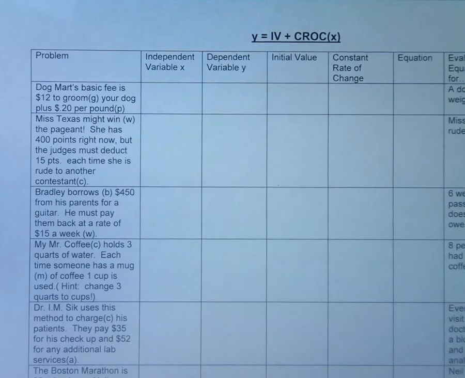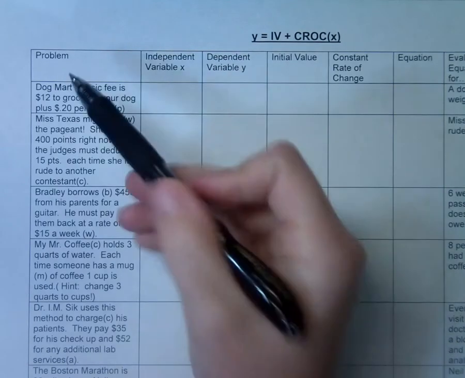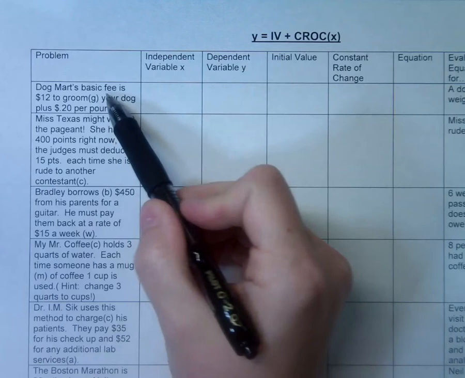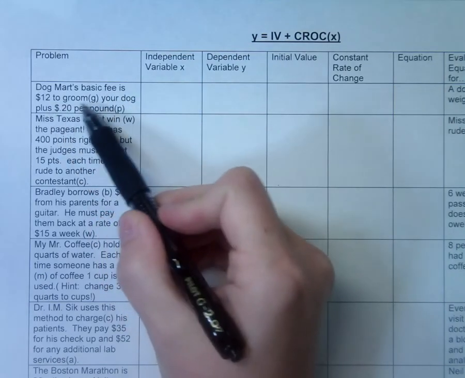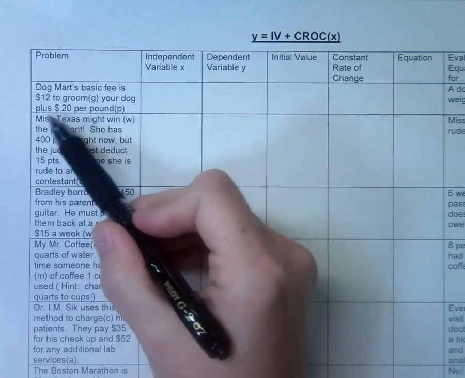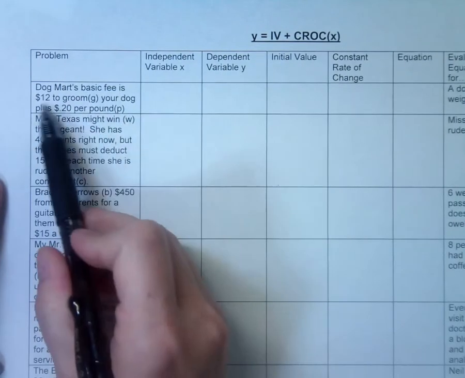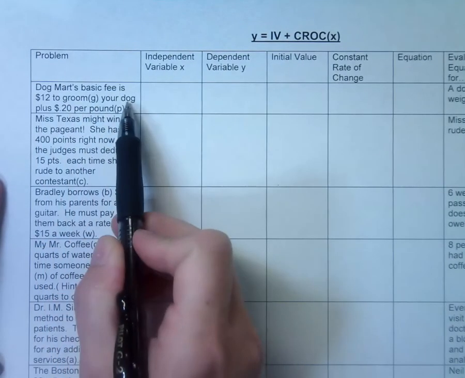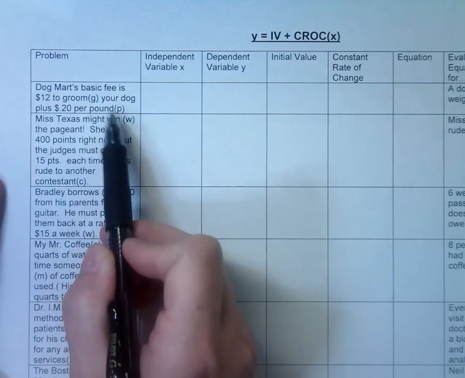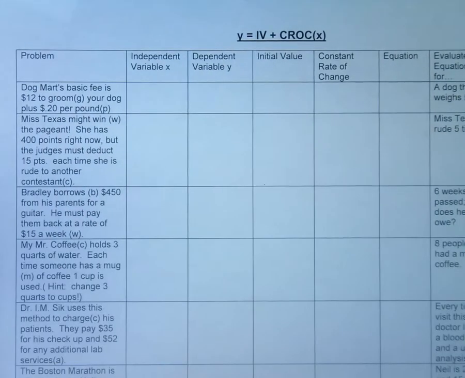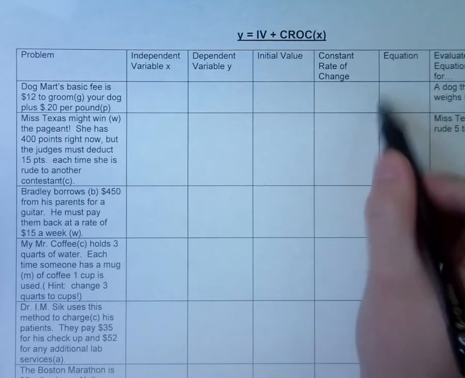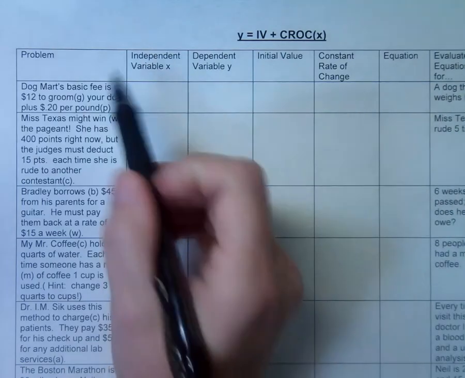Okay, the first problem, we are told that Dog Smart's basic fee is $12 to groom your dog plus 20 cents per pound. The first thing I want to do is write an equation for this. So let's think about it.